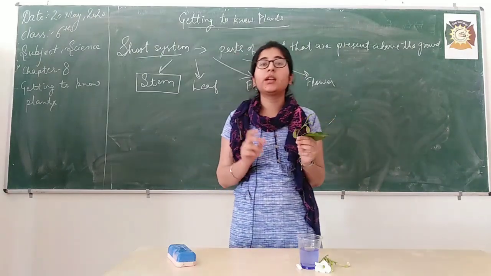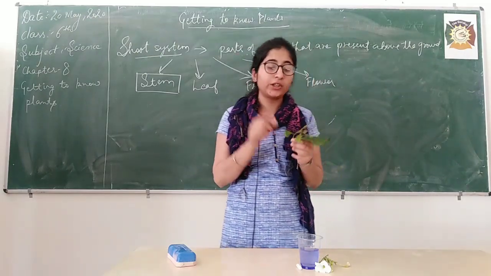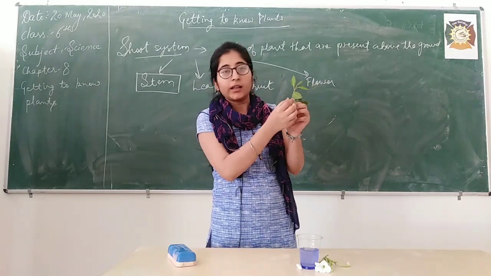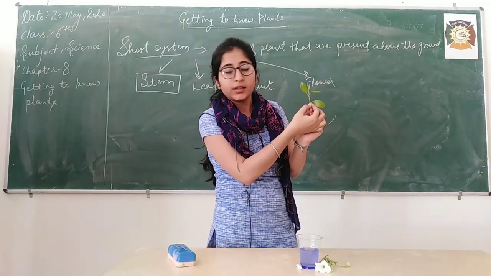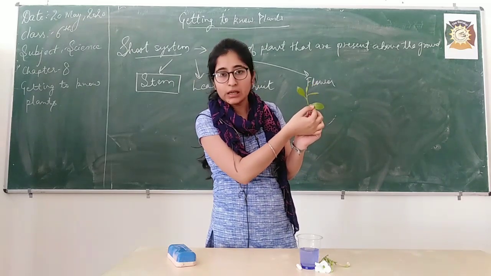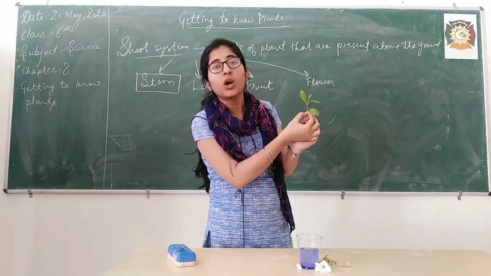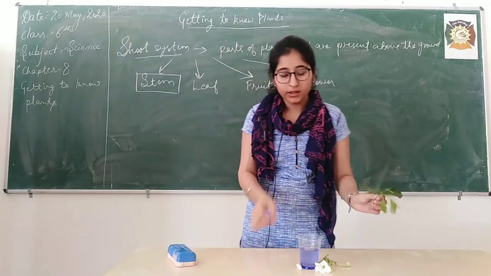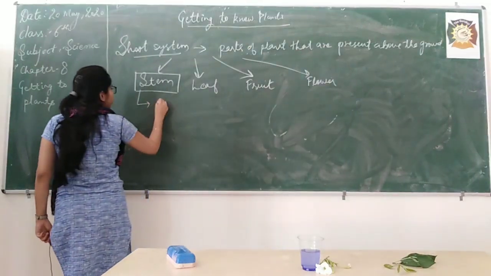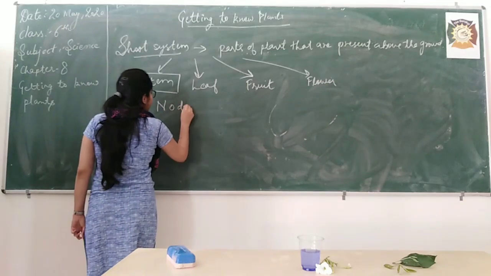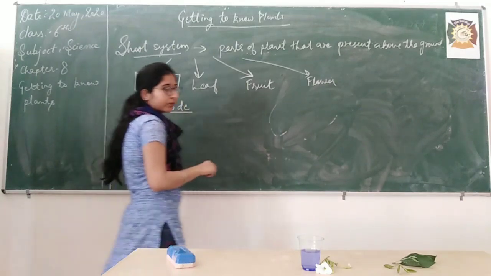See students, there are two important points that you need to know. I hope you can see this point, where the leaf is arising. This is called the node. What is it called? It is called the node. So first, we are going to study the definition of the node.